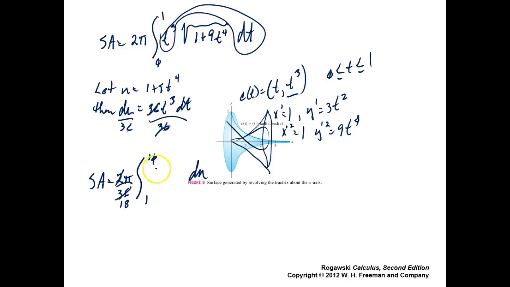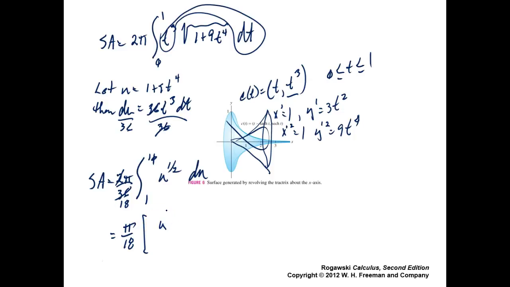And then what's the rest of it? U to the 1/2 power. And I far prefer integrating that than square roots. Just so much easier to do. So I think we can do that then. We've got pi over 18 out front. Nice round number. And what's the antiderivative of u to the 1/2?